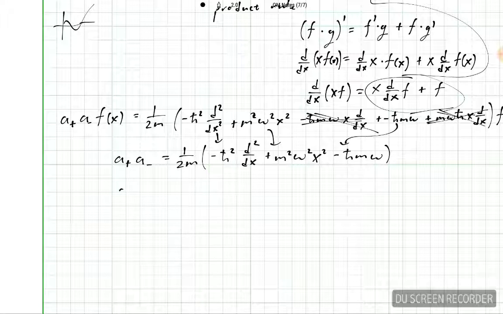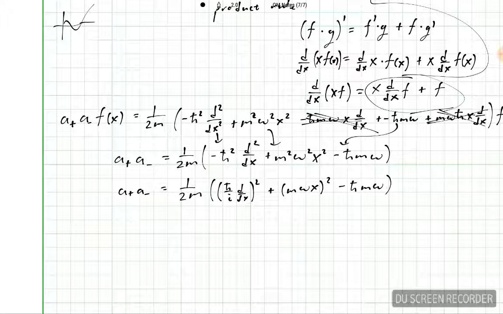Now, I have A plus A minus 1 over 2m. Let's go ahead and wrap this up into squares. So I have h bar over i d dx, gonna square that. Now I have my m omega x, that's gonna be squared. This is not convenient to take a square, so I'm just gonna keep it that way.